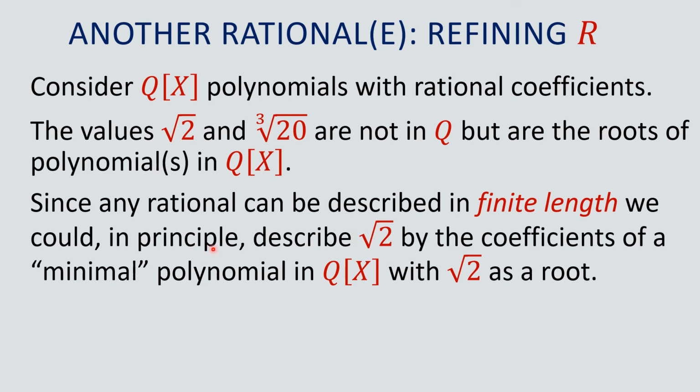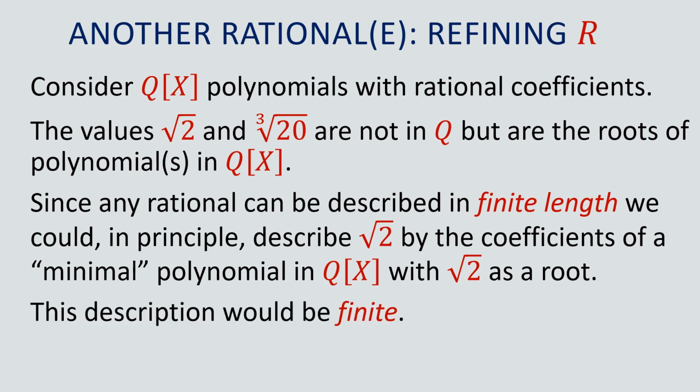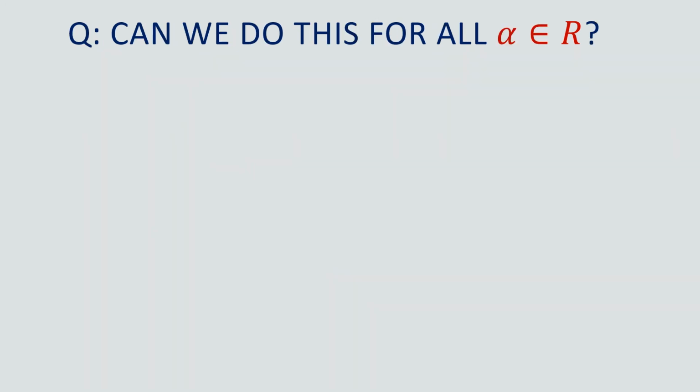So in principle, we could give a finite description of the square root of 2 just by describing it as the root of a polynomial with rational coefficients. And that description would be finite. So this motivates an interesting question. Is it possible to do this sort of process for every single real number?